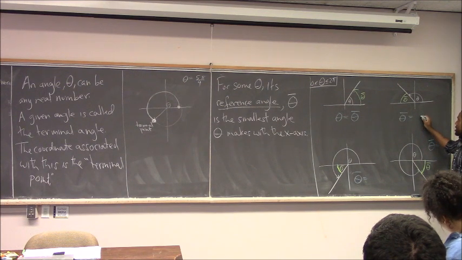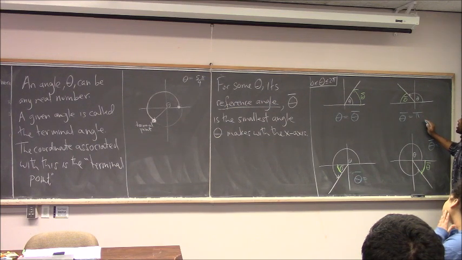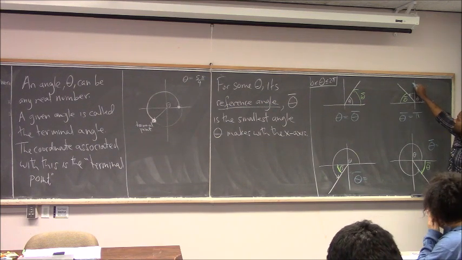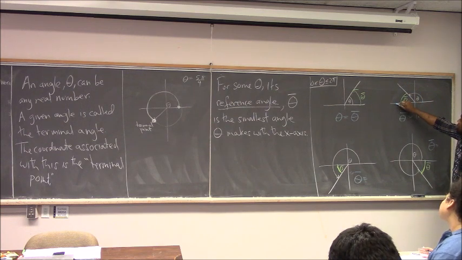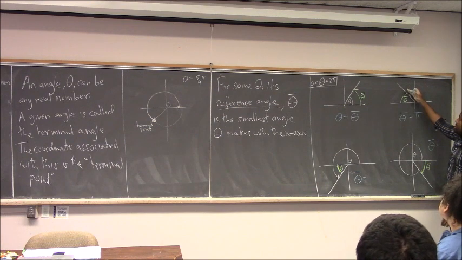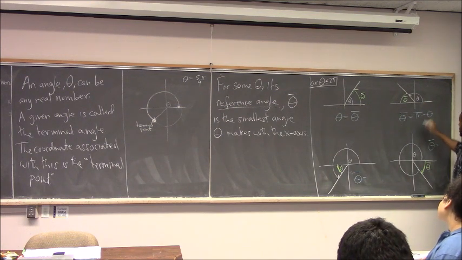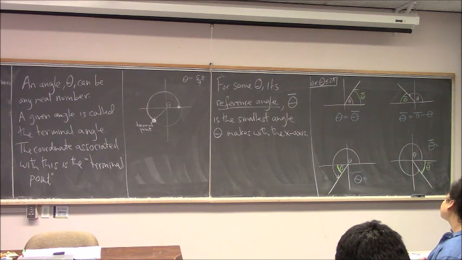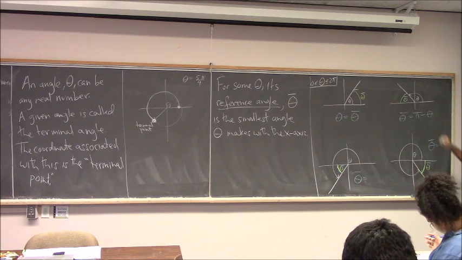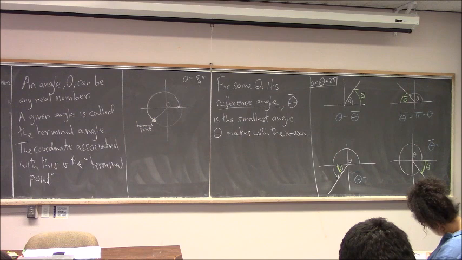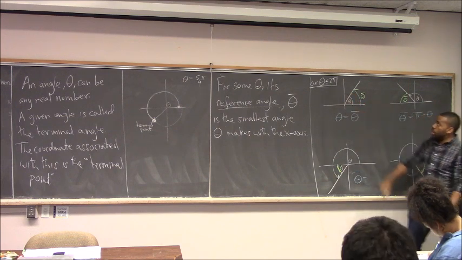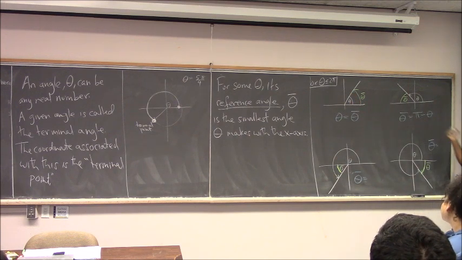Right, so that's radians. In radians, that would be pi. So pi is this entire thing here. This entire angle is pi. This angle is theta. Your theta bar is just the leftover. So you take pi minus theta. If your theta ends up in the second quadrant, given that it's between 0 and 2 pi, your reference angle will just be pi minus that angle.